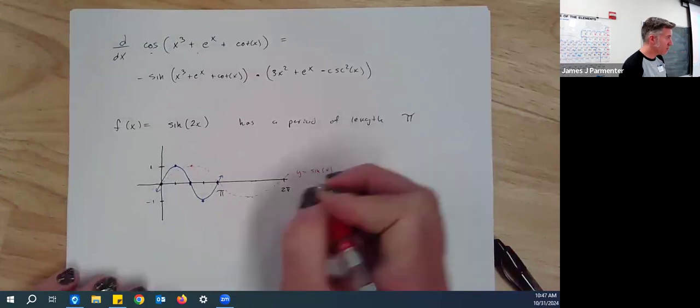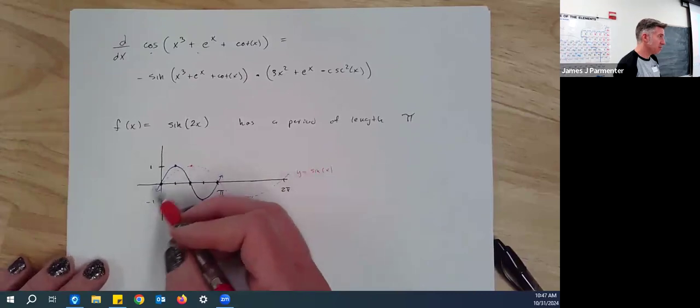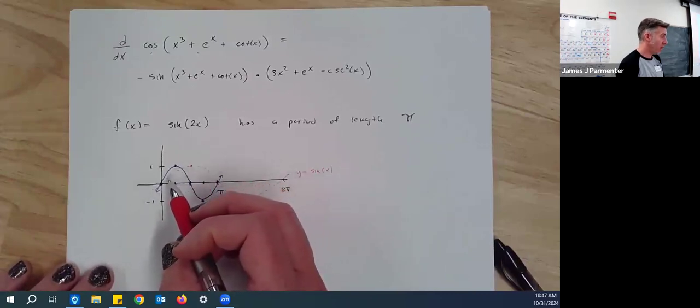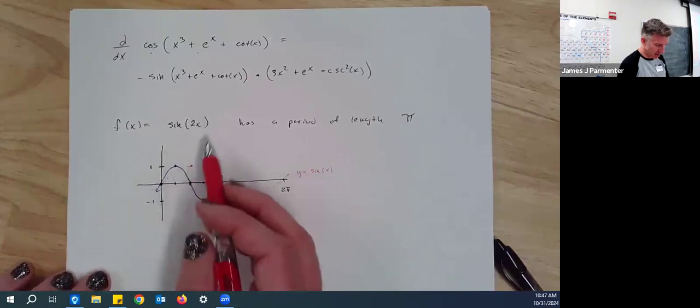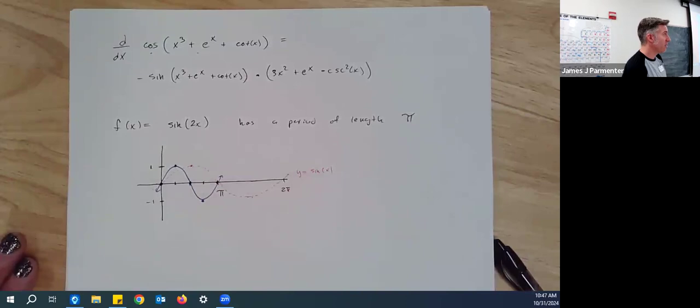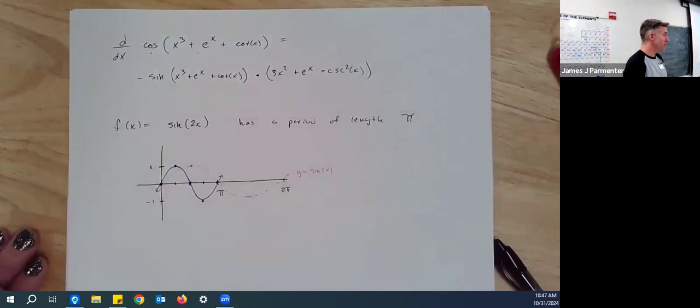At the origin, the slope of the tangent line of regular sine is +1. And for sine of 2x, it certainly looks like the slope of the tangent line would be steeper than that. So what I want to point out is that at this first point here, the slope of the tangent line is more than 1. I will tell you definitively it is equal to 2.